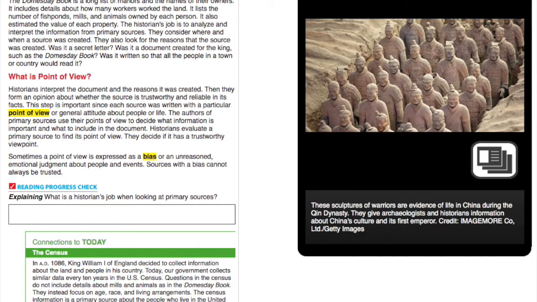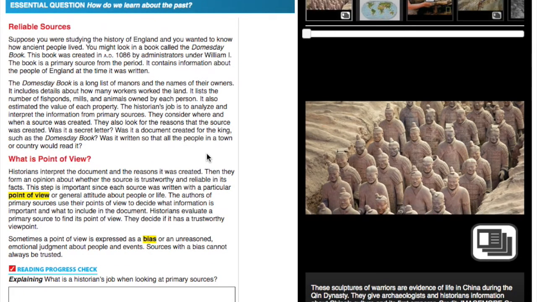Continuing on to page 2, it says this: we have to decide if the sources are reliable, and that is a big key for us. So it says, suppose you were studying the history of England and you wanted to know how ancient people lived. You might look at a book called the Domesday Book. This book was created in 1086 by administrators under William I. The book is a primary source from that period.